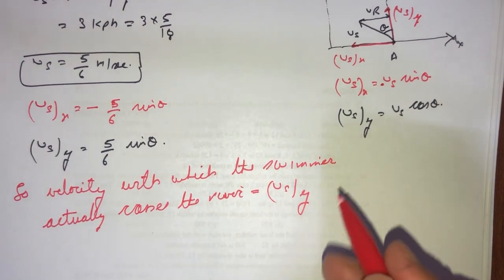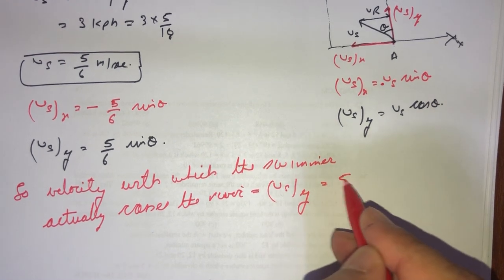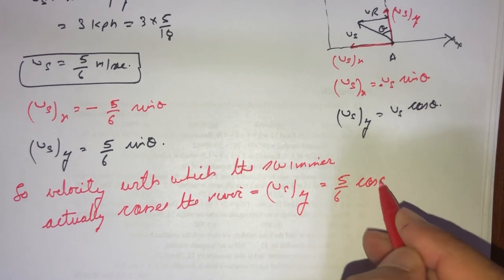We already have this value. This is 5/6 cos of theta.